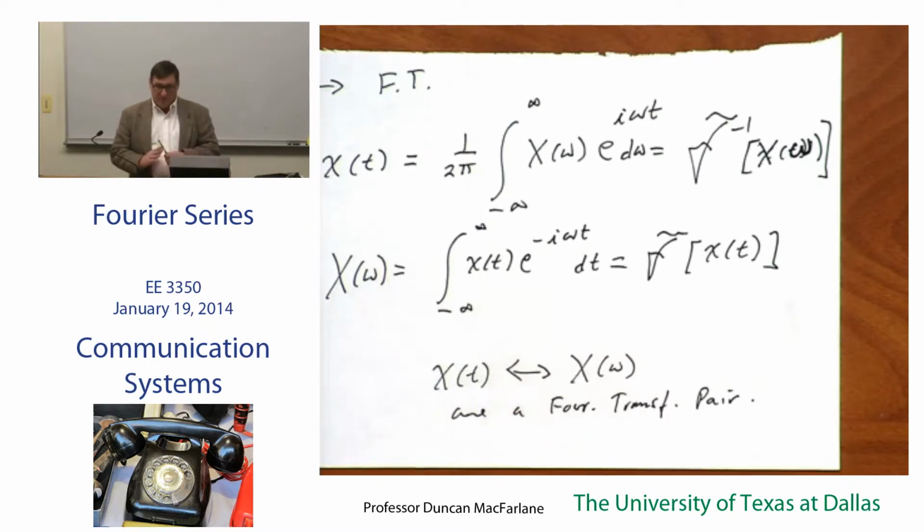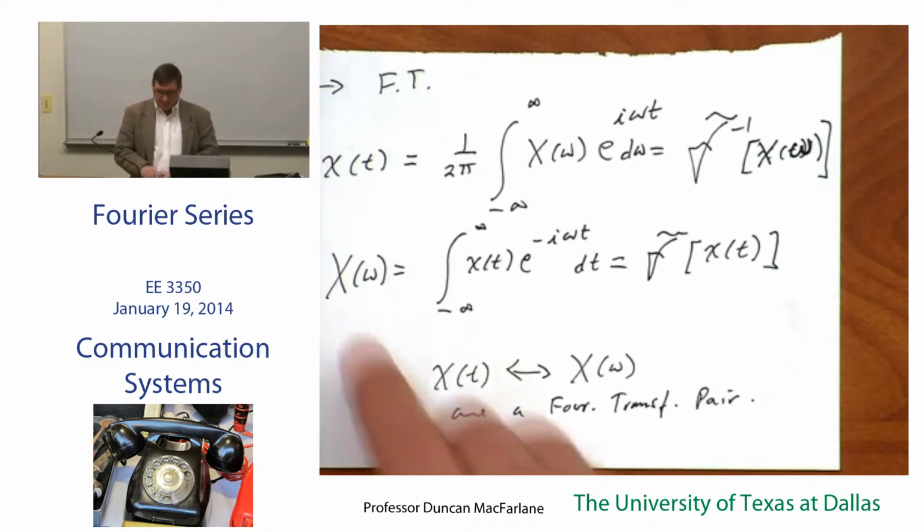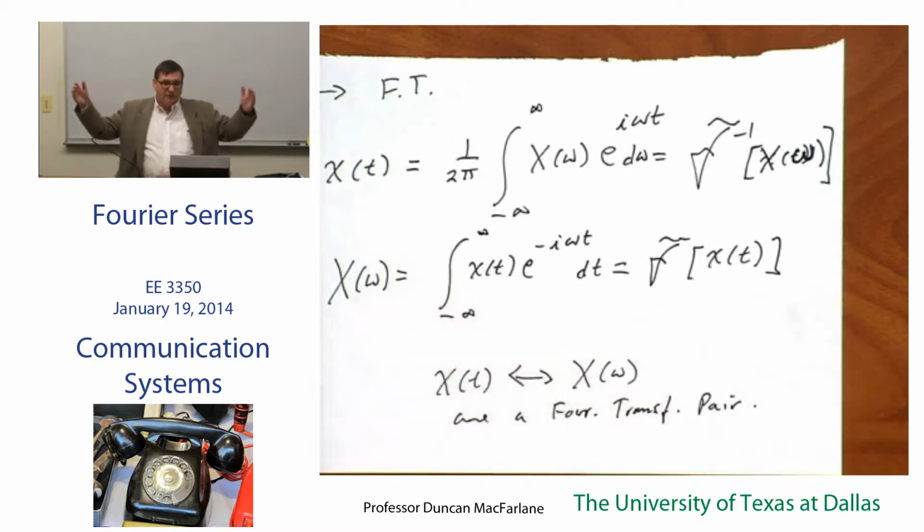So let me back up and repeat that more slowly and with a little bit more emphasis. I have a certain amount of information in this signal. I have the information embedded in the signal. X of omega is the representation of that information in the frequency domain.